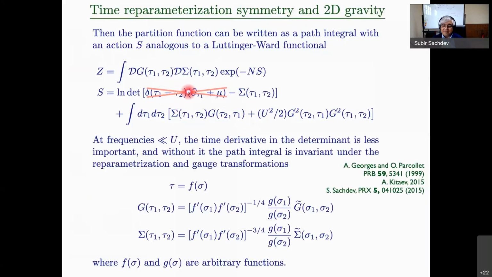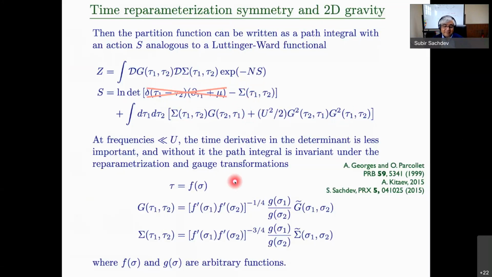This was something already apparent to us in the very first paper in the 90s. But Kitaev and others made a very important observation on this path integral about what happens when you throw this time derivative term out. If you look at the remaining terms in this action, there are no more derivatives. It just has sigma and G, basically polynomials of sigma.